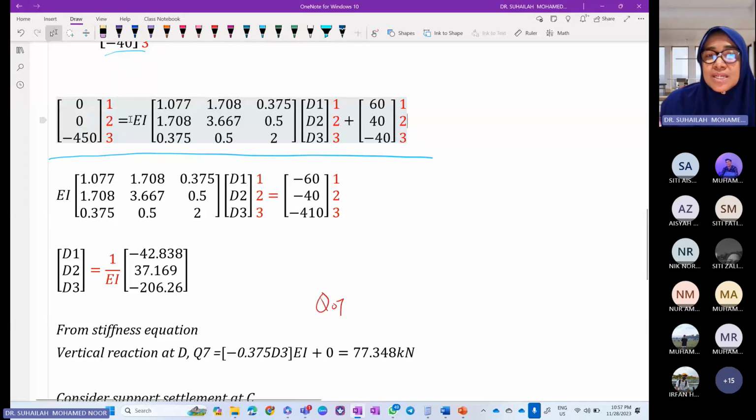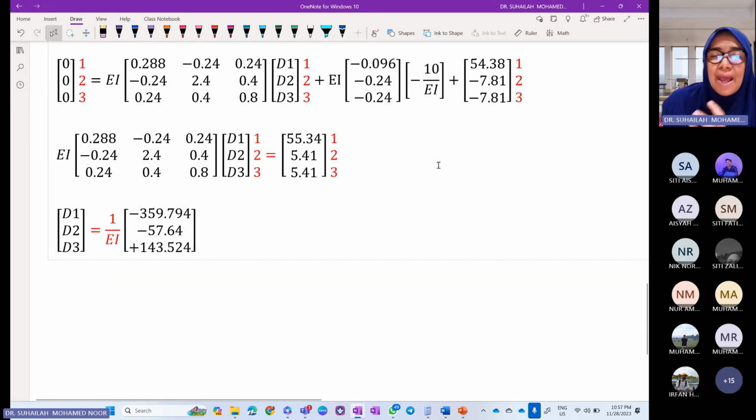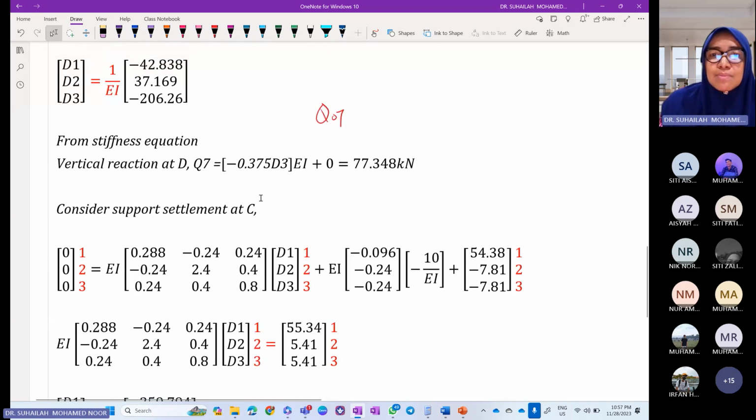Because original stiffness equation, dia 8 kali 8. This question, 8 kali 8. But we only consider this because of displacement 0 in constraint system. Now, whenever support settlement is given, we have to include that.